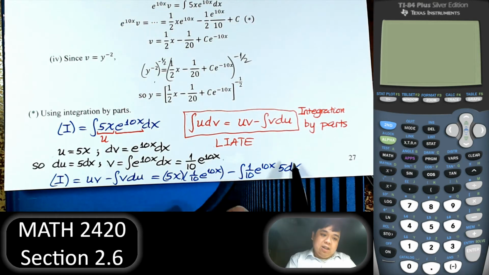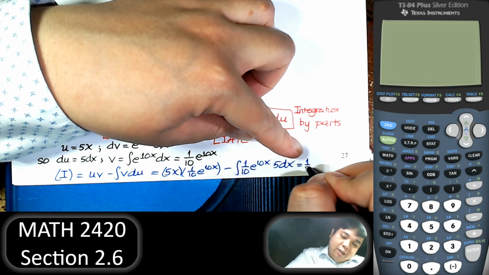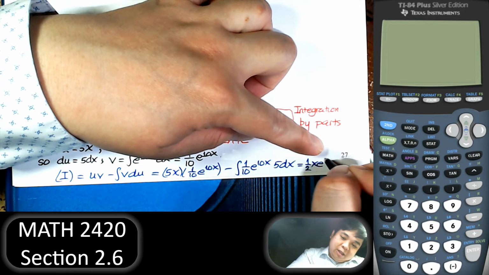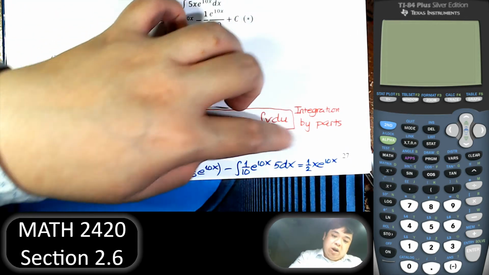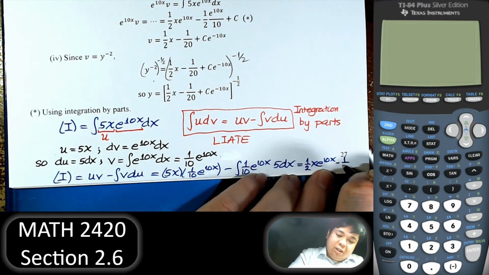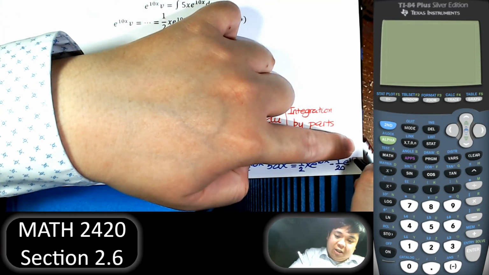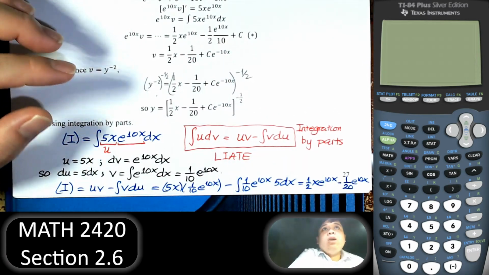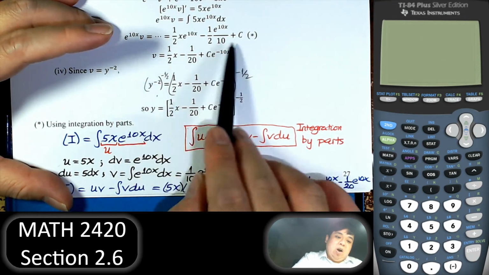Then simplify 5 and 10, and that gives us 1/2 x e to the 10x. And the integral of this, 5 again, 1/2 times 1/10, will be 1 over 20. I'm running out of space, but that would be 1 over 20 e to the 10x. And of course, in this case, we will have the constant c on one of the sides.